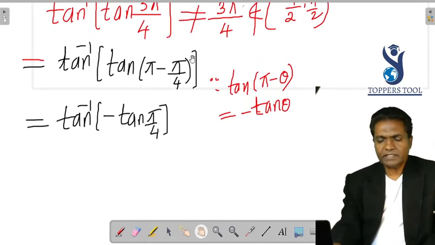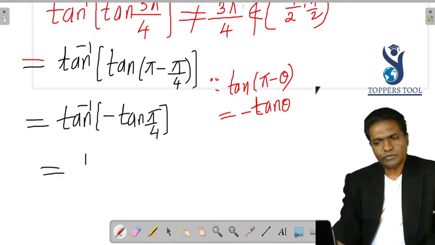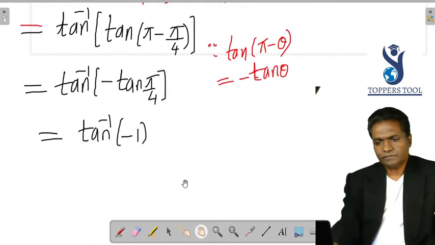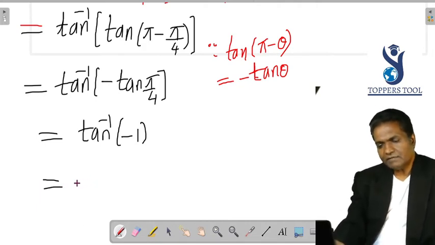Okay, here theta stands for pi by 4. This is equal to tan inverse of minus 1. Tan pi by 4 is 1, so this is minus 1. Now remember, tan inverse of minus x is minus tan inverse x.